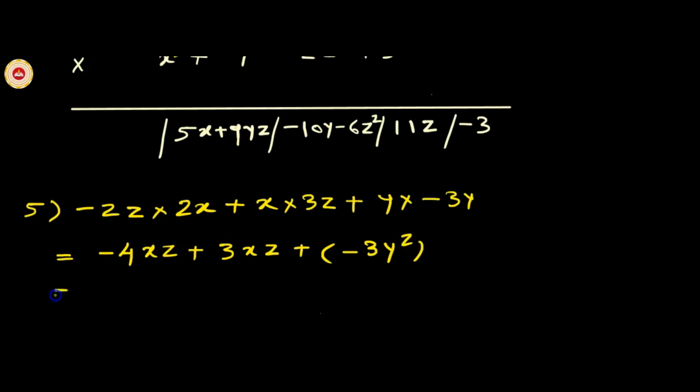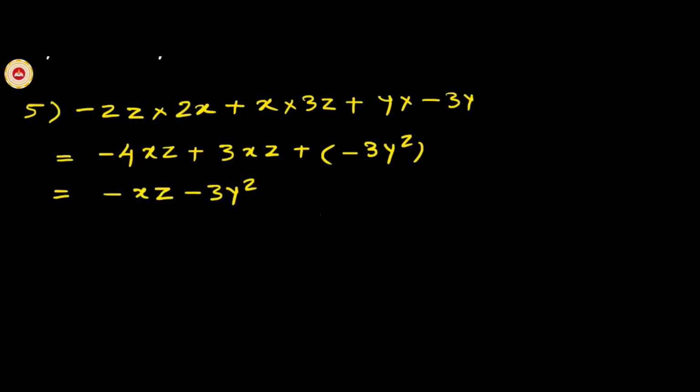Solving further, minus 4xz plus 3xz, that means minus xz minus 3y squared. So minus xz minus 3y squared is the answer of the 5th step and should be written in the 5th part. So 1, 2, 3, 4, 5, this is the 5th part. Draw a slash and let us calculate the 6th part.